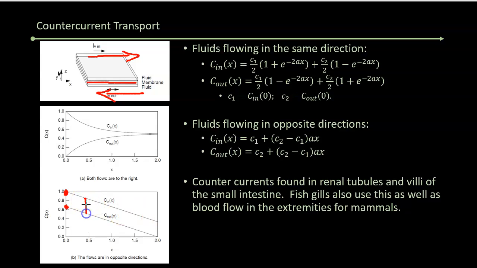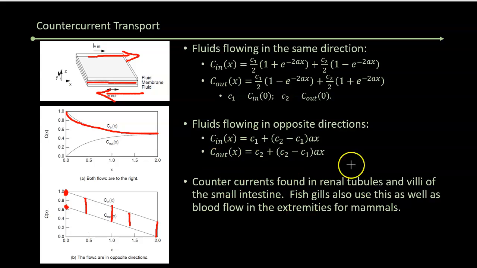Basically you end up with a constant difference along the exchange membrane. This gives you a much smoother transition. It's linear as opposed to this exponential decay. You get this nice linear transition.